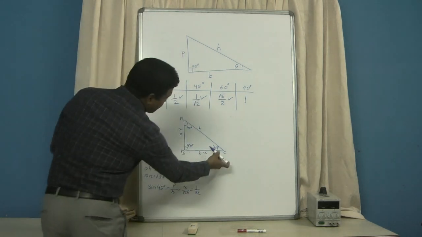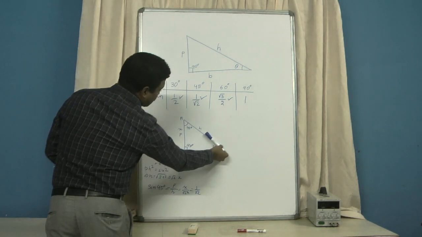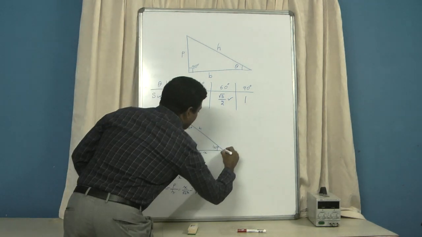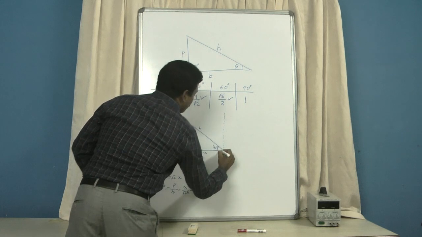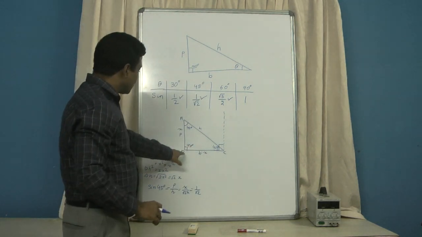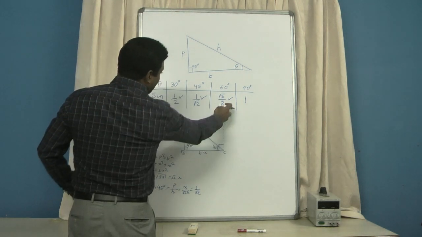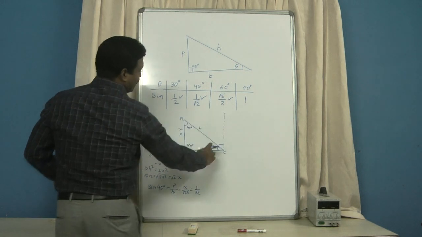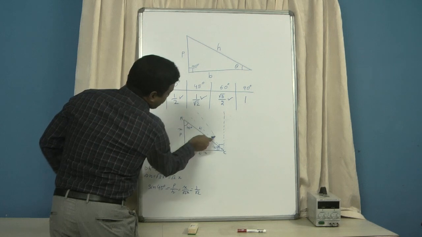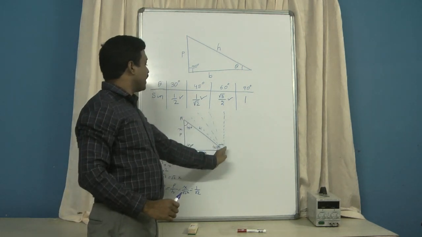So 90 means this angle you slowly increase and reach 90. That means we are considering this case, 90. So that means the side AB and this side is hypotenuse. This will become hypotenuse because as the angle keeps on increasing, slowly it reaches 90.